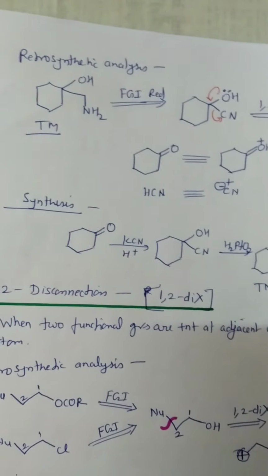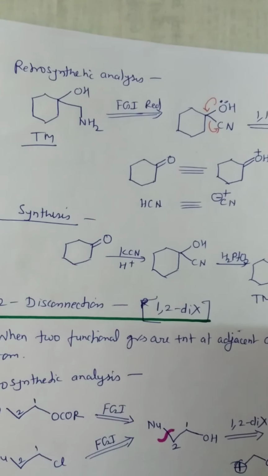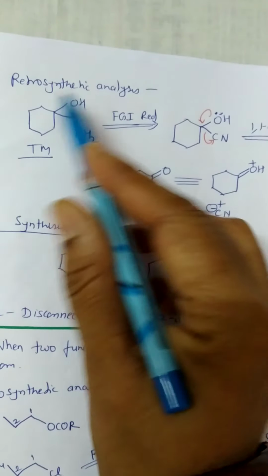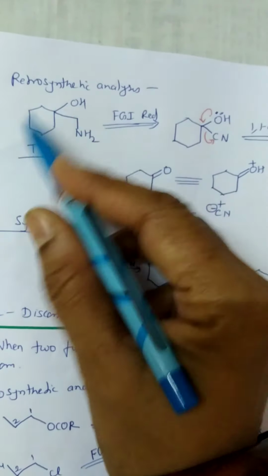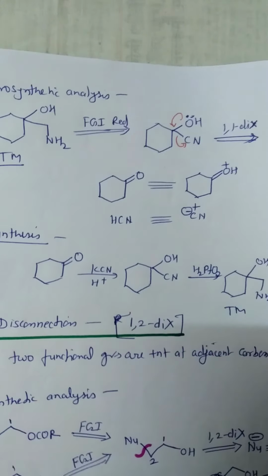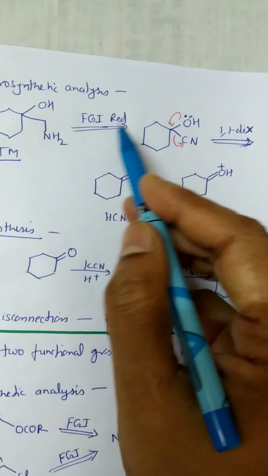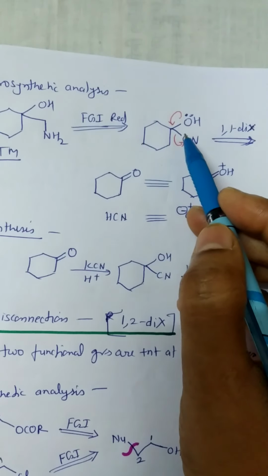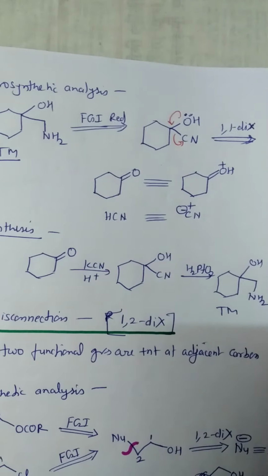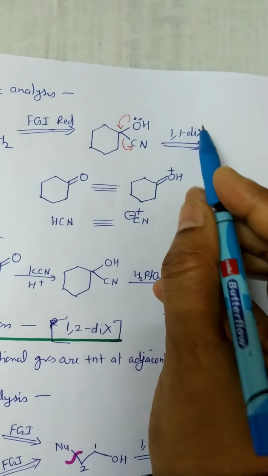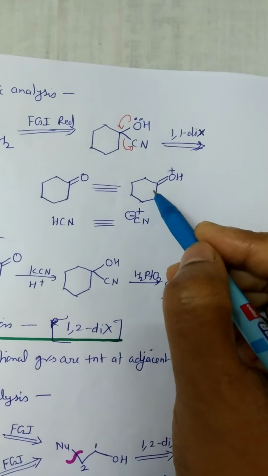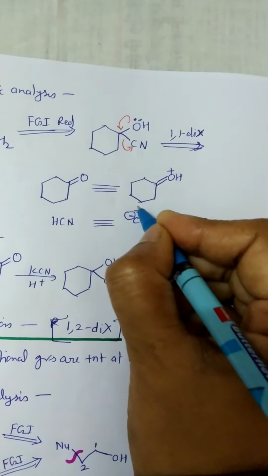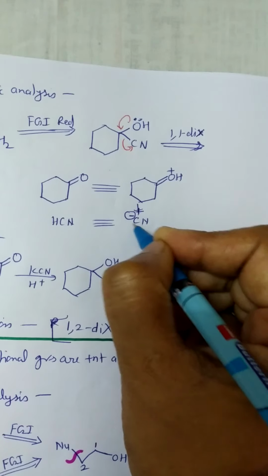Now we are taking another example, the retrosynthetic analysis of this type of compound. This type of compound is not easy to disconnect, therefore we take FGI here, and in place of this compound we disconnect this compound, and after the 1-1 disconnection we obtain this synthetic equivalent and this synthetic equivalent CN minus.